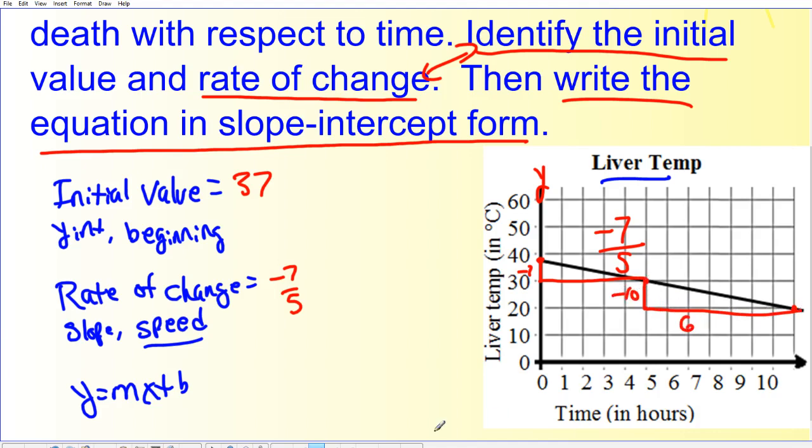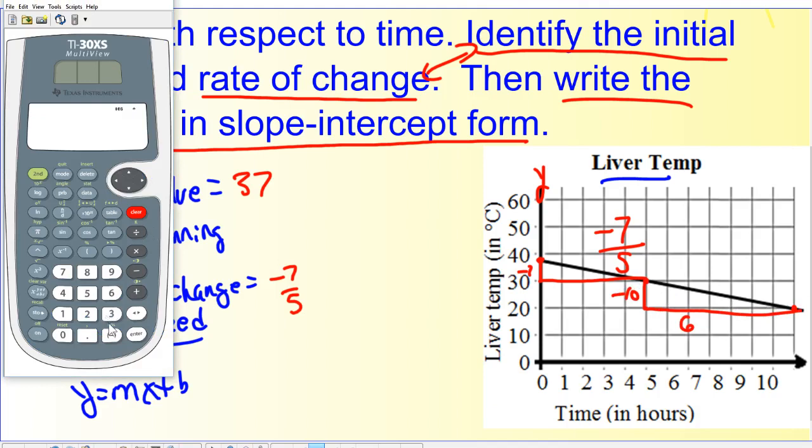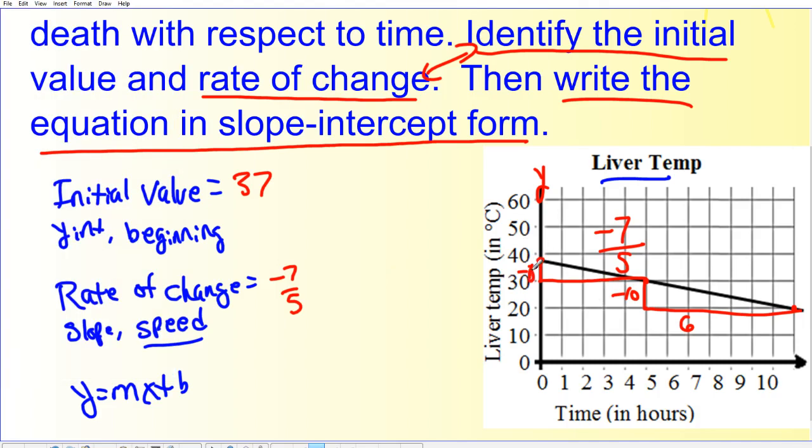I don't think that's the exact same thing. How close is it? Negative 7 divided by 5. Negative 10 divided by 6. Okay, so somewhere between there and there is my actual slope. What if this is like, say, negative 8? What if that number is 38 instead of 37?